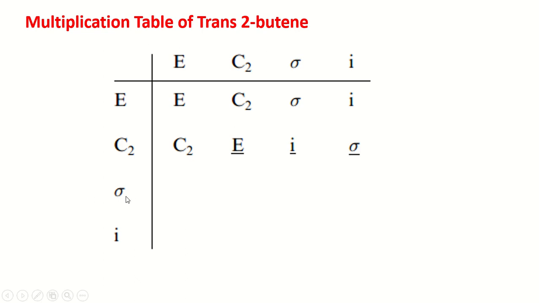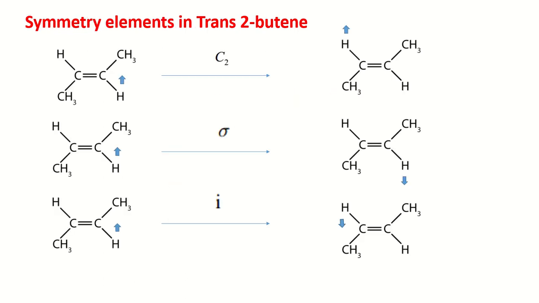What will happen when we apply sigma and then inversion center? Let us go. First is sigma, then inversion center. We know this is for the reference. In inversion center, this arrow will appear on the opposite side but downward.